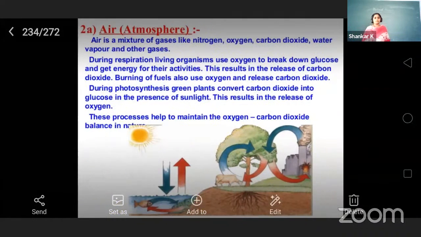So we have studied about the air, isn't it? Air is very essential for all living beings. Air is a mixture of gases.